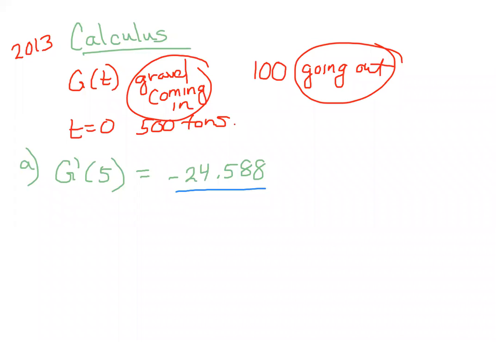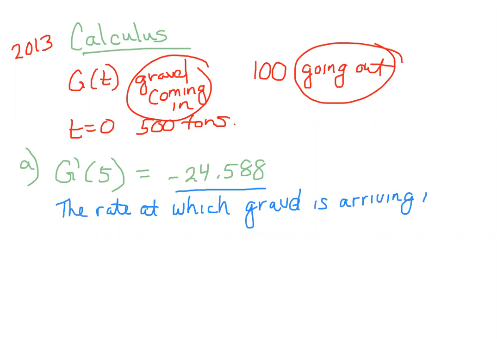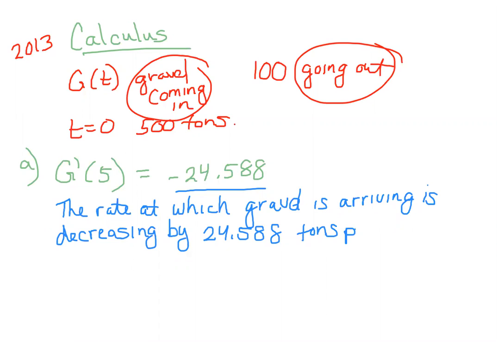It means you would write something like: the rate at which gravel is arriving is decreasing by 24.588 tons per hour squared at T equals 5 hours.